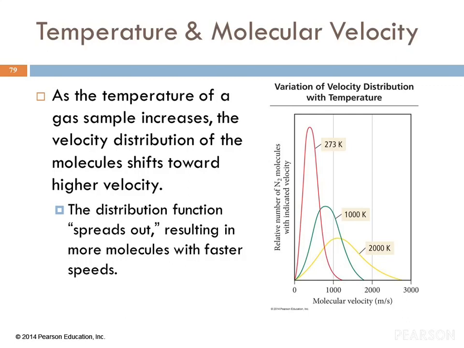A little bit like if you took cold cookie dough, it just sits there in whatever shape you put it, right? As the cookie dough warms up, though, what happens? It flattens out. So as you warm up this gas, the distribution of velocities spreads out.